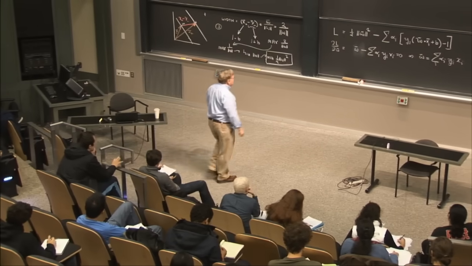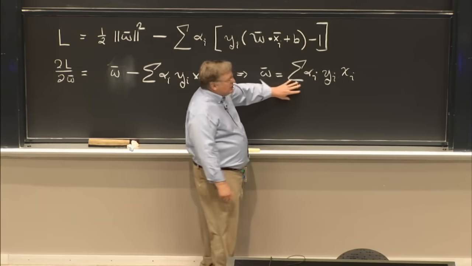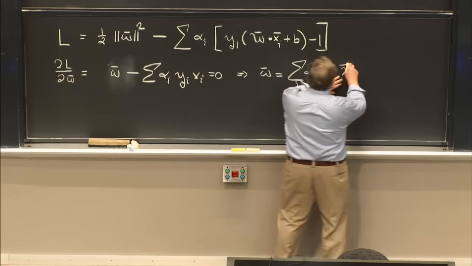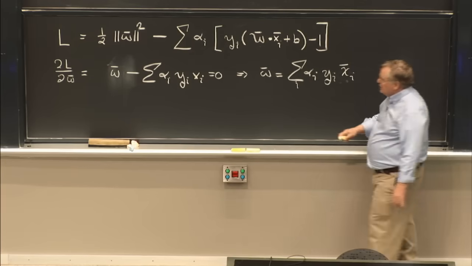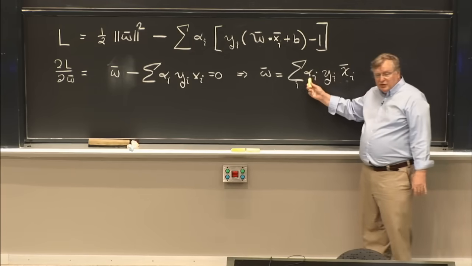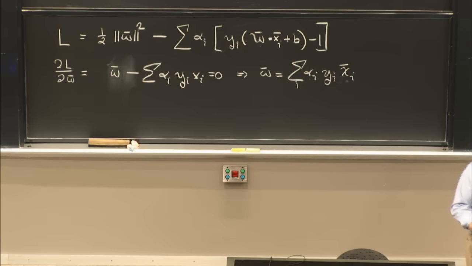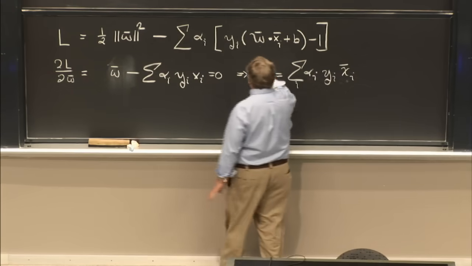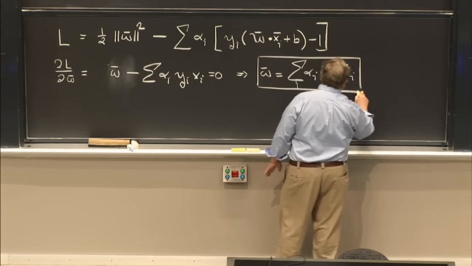But when we did this, we discovered that W is going to be equal to a linear sum of these vectors here, some of the vectors in the sample set. And I say some because for some, alpha will be 0. All right? So this is something that we want to take note of as something important.